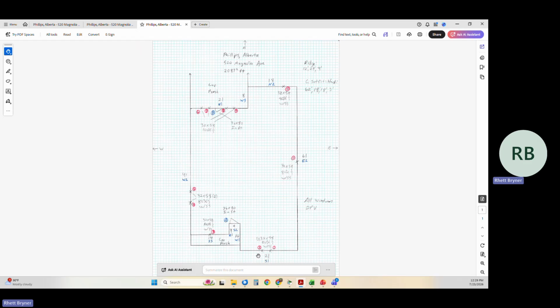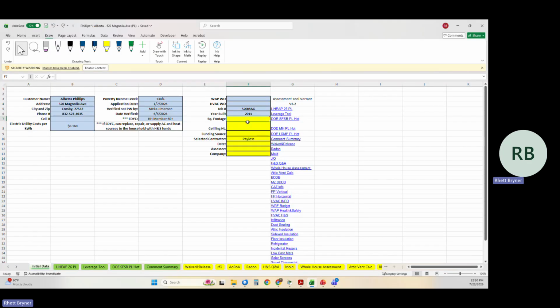It's very simple. You just do the length and width of all the walls. It can be a little tricky, but if you take your time and with a little practice, it gets easier. The size of this house, after adding up all the different areas, is 2,087. So we'll go back here, simply enter that, type it on the keyboard.